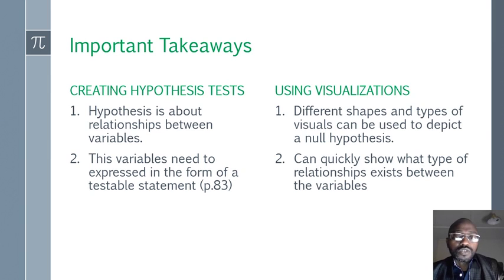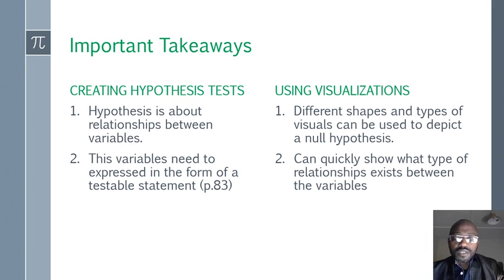These variables need to be expressed in the form of a testable statement, and that is why we have the null and alternate hypothesis. Basically, when stating a hypothesis for testing, it should be, as in the four examples we've given, either directional, non-directional, null, or alternate hypothesis.